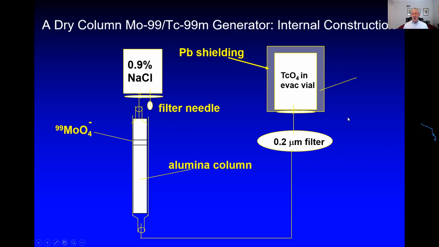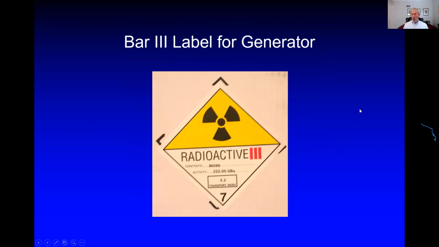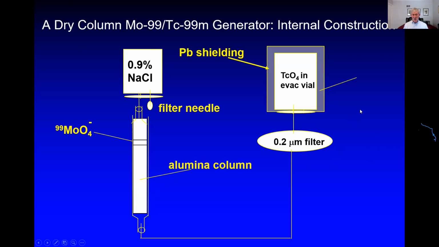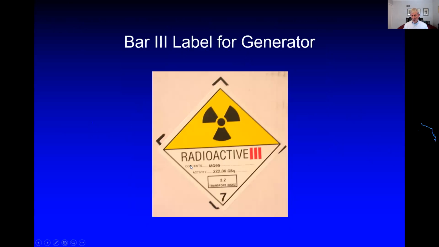Anyone? Okay, good. Now, every generator has a label on it, and the generator has what we call a bar 3. You can see 3 red bars here. The only thing that we receive that's hot enough in a box for a bar 3 is a generator. All the other labels that we receive are typically bar 2, all of our radiopharmaceuticals.